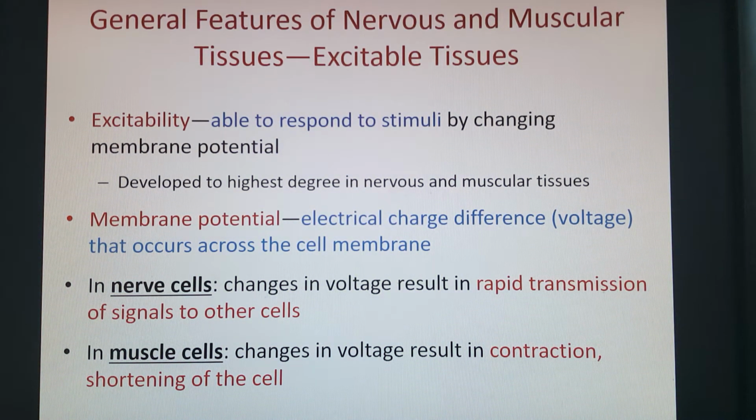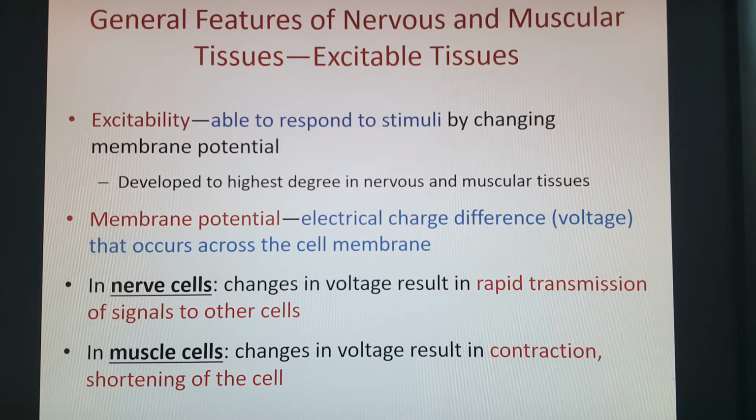So these types of tissues are able to be stimulated, so they will respond to this stimulation depending on the type of tissue. So in order to respond, it's based off the membrane potential. So we learned in chapter 3, I believe, the sodium-potassium pumps that are constantly pumping sodium and potassium across the cell membrane.